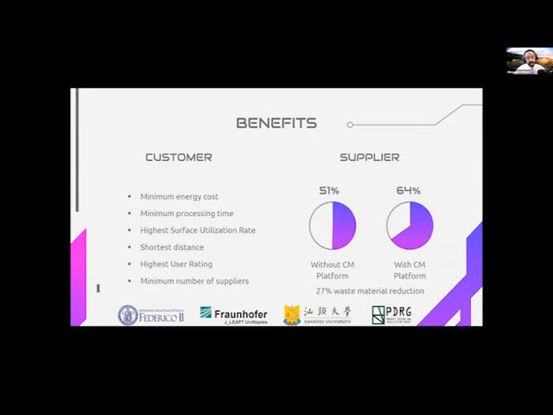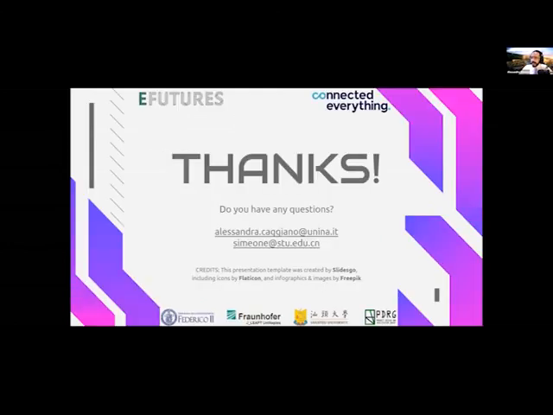For example, minimum energy cost or processing time, highest surface utilization rate, so saving resources, shortest distance, saving money on the delivery and logistics, maximum reputation, and minimum number of suppliers. So these are the advantages that result from the implementation of this cloud manufacturing platform. And I think from my side, that's all.